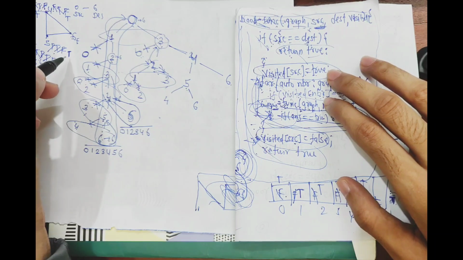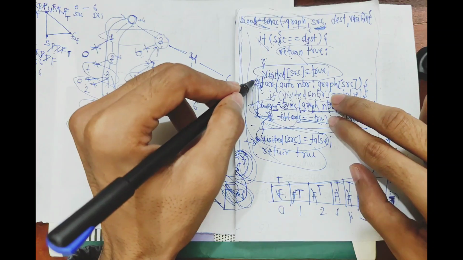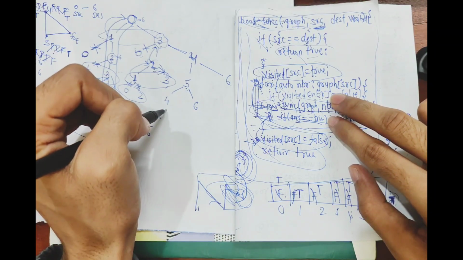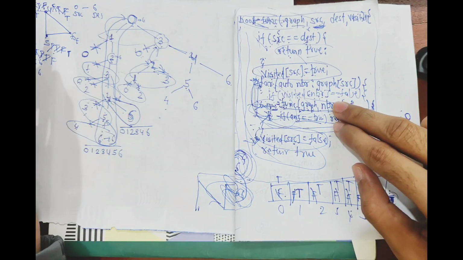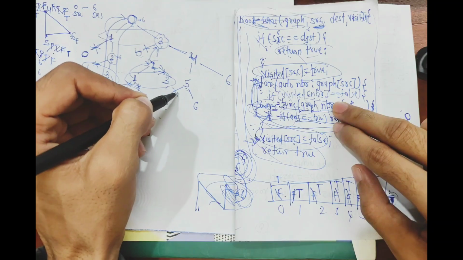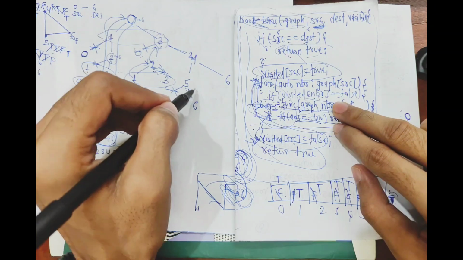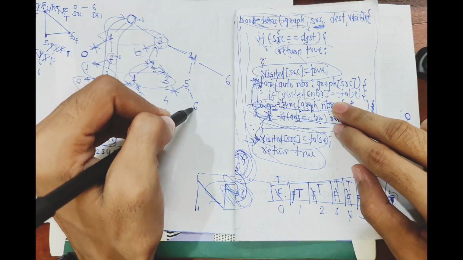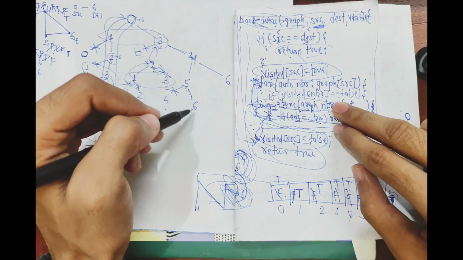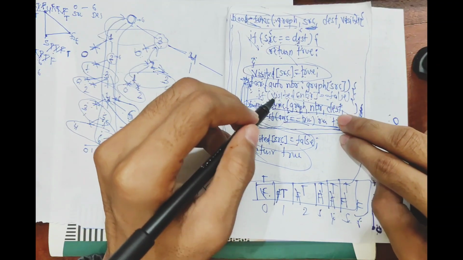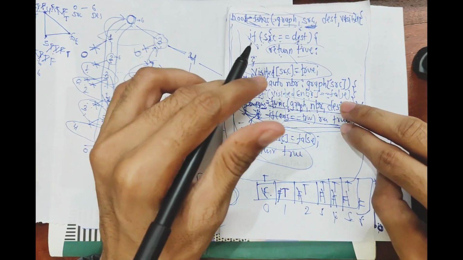Then we will check its neighbors. So 5's first neighbor is 4. Now 4 is already true, so this will not go further. 5's second neighbor is 6. 6 is marked as false, so we will do a recursive call making 6 as a source node, right?